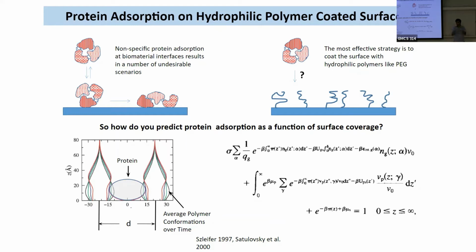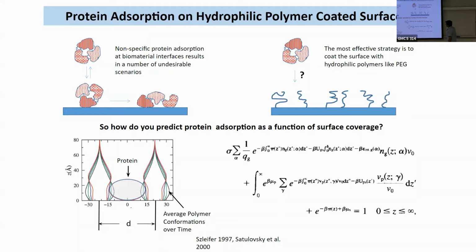And you create this profile where you sort of map out the space that the polymers are going to occupy, and you have the protein coming in, and now the protein is sort of interacting with the polymers, with the open space, and you see how long does it take for this protein to actually find an opening where it can go in and stick.